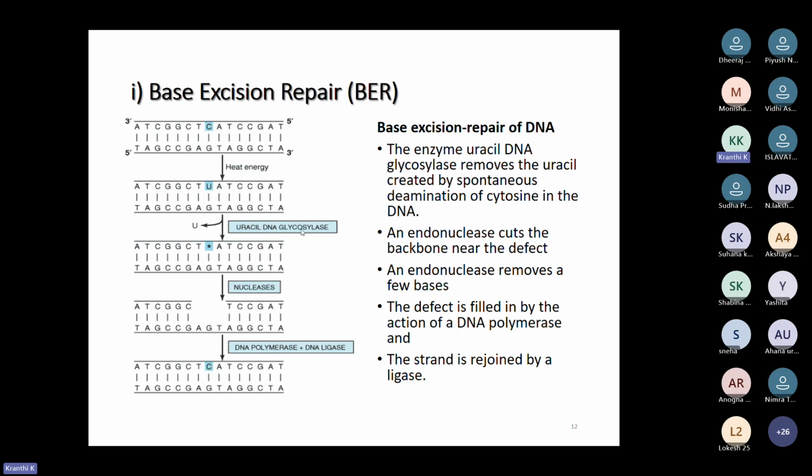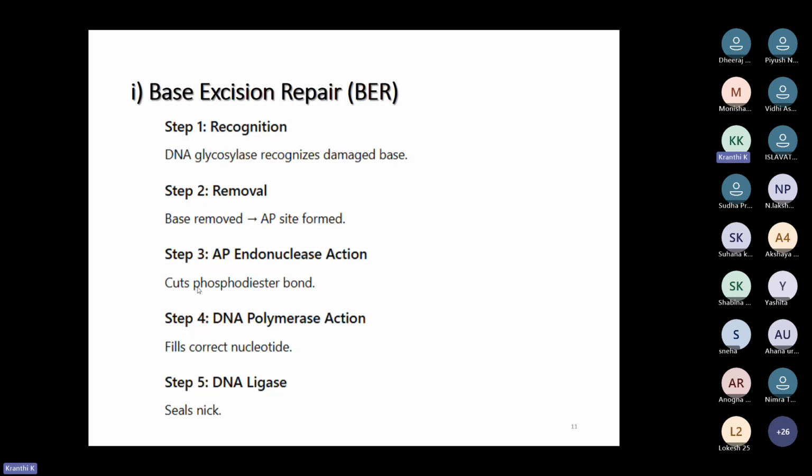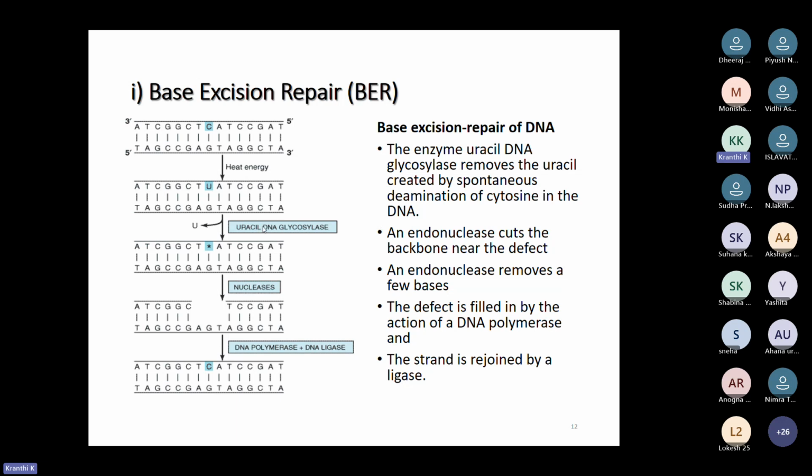Then uracil DNA glycosylase, DNA glycosylase, removes that base and converts this into an AP site. Then a nuclease cuts that part, then DNA polymerase adds the nucleotides and then DNA ligase. So this is how base excision repair happens.